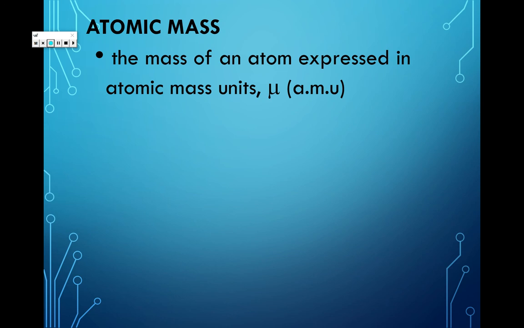And it's an average, so that's why it's not a whole number. So today, when we count the number of neutrons, protons, electrons, we're going to round it because you can't have 0.5 of a neutron, for example.